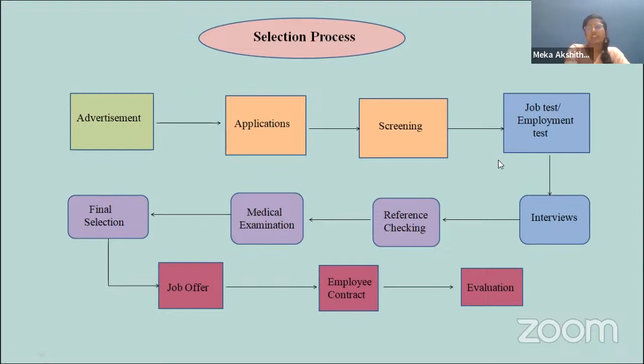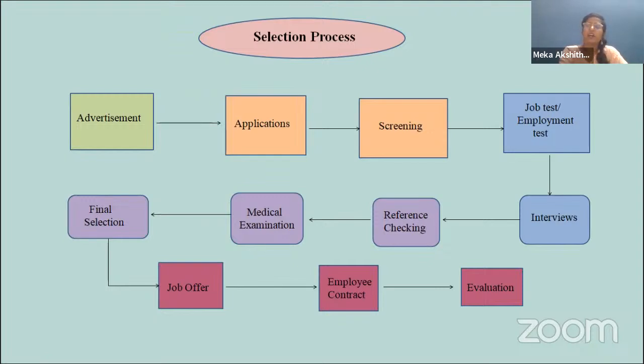Then after the screening phase, we move to the job test or employment test. In this phase, if there are many candidates, we give some tests. For example, many IT organizations give tests when students go for placements.